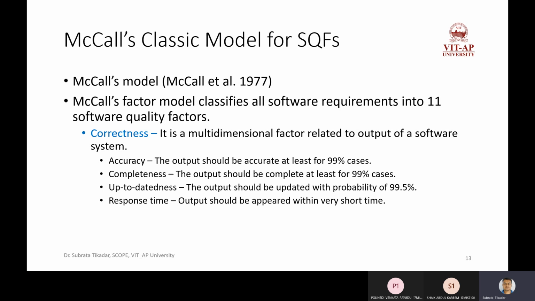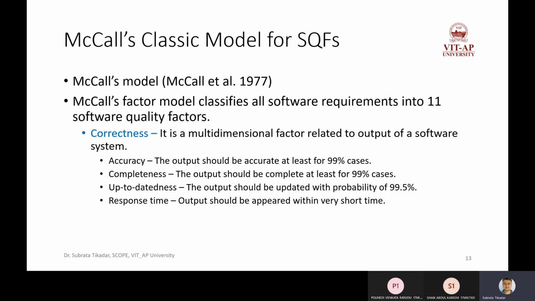Like accuracy, it says that the output should be accurate at least for 99% cases. Suppose in a payment system, payment calculation should be 100% accurate at least for 99% cases. So payment should not be miscalculated. Then completeness, it says that the output should be complete at least for 99% cases.